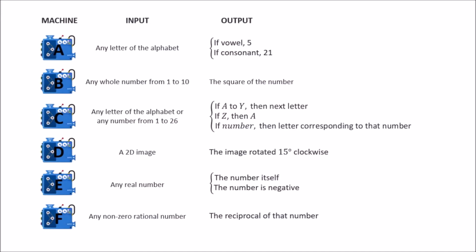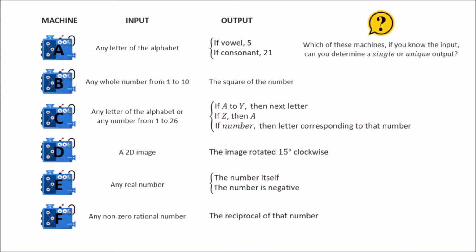To further illustrate the idea of a function as a machine, let's reflect and analyze the following question. First, for which of these machines, if you know the input, can you determine a single or unique output? I suggest that you pause the video and analyze each machine before I reveal the answer.